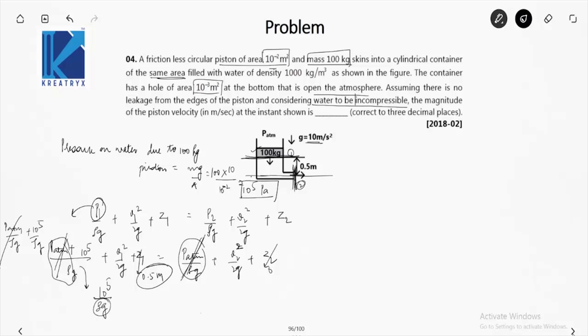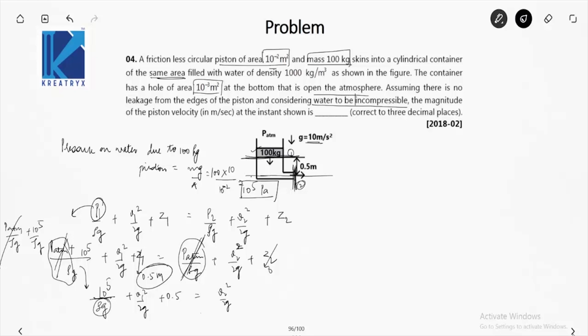Do not commit this mistake. This may seem trivial, but in examination these kind of mistakes do happen. So this is plus v1 square by 2g plus 0.5 is equal to v2 square by 2g.